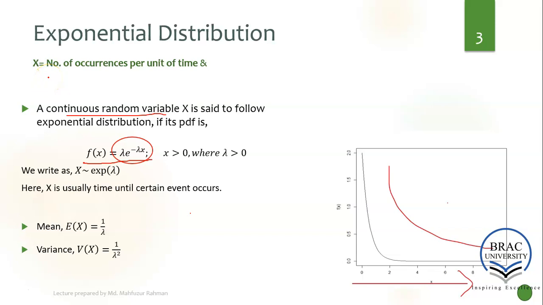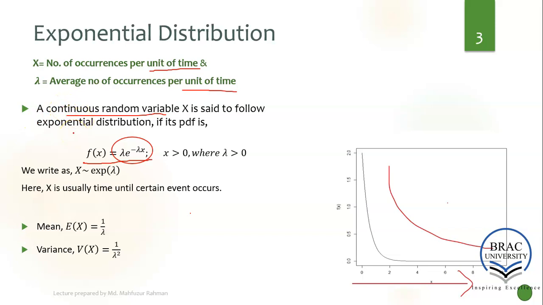If you look closely at the definition of the Poisson random variable x, it gives the number of occurrences per unit of time. And its mean is denoted by lambda, which is the average number of occurrences per unit of time. But how could it be a parameter for the exponential distribution?